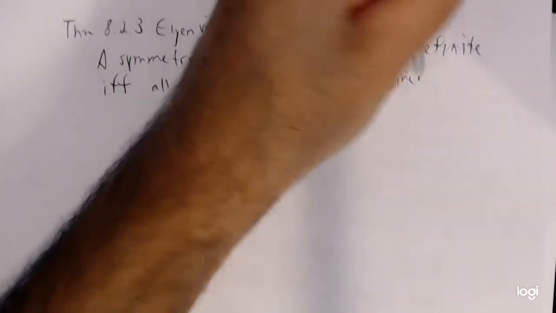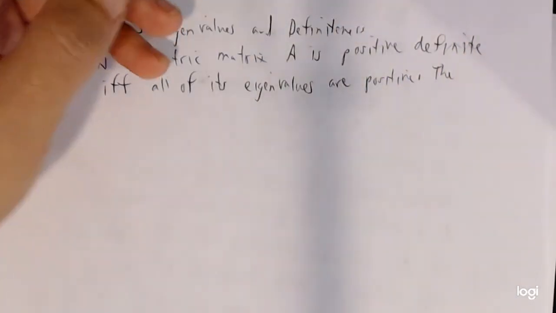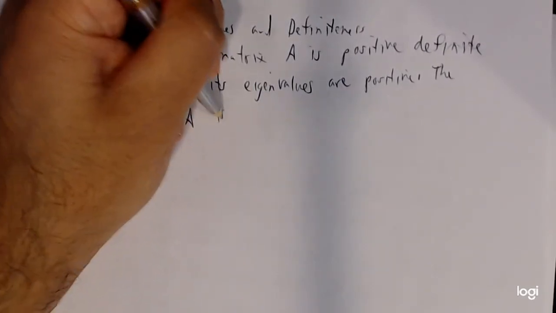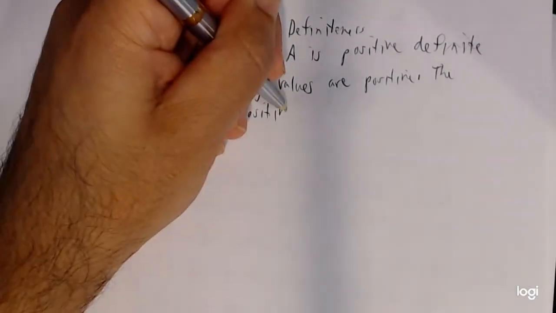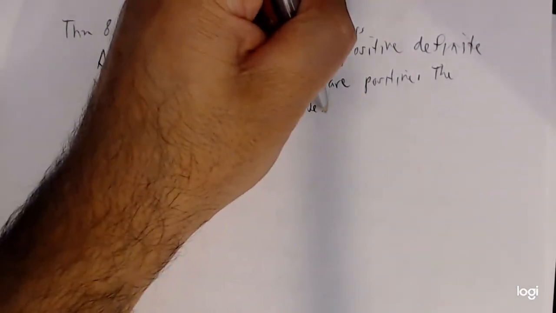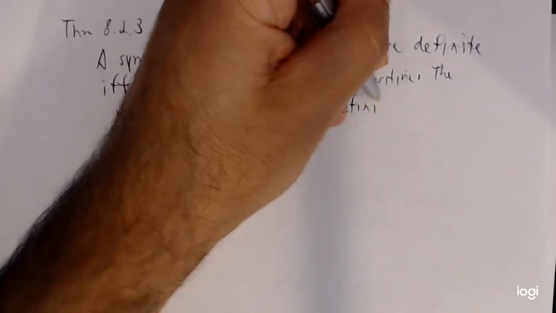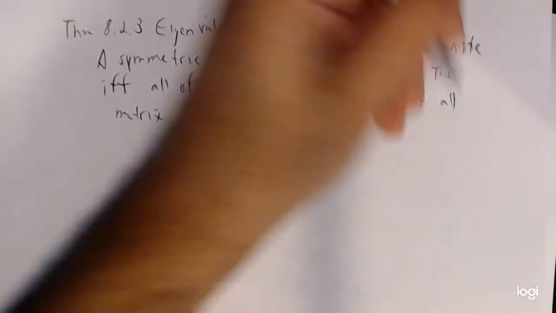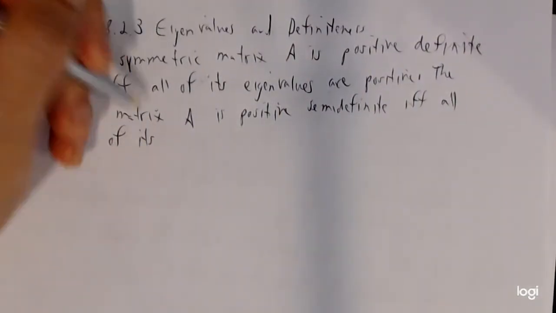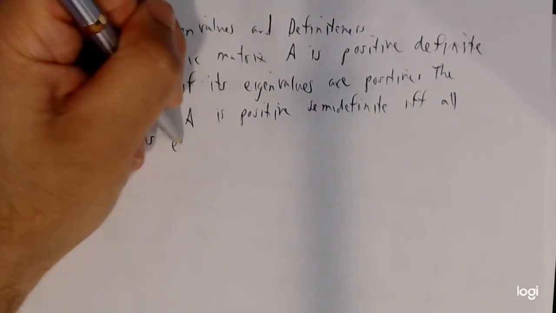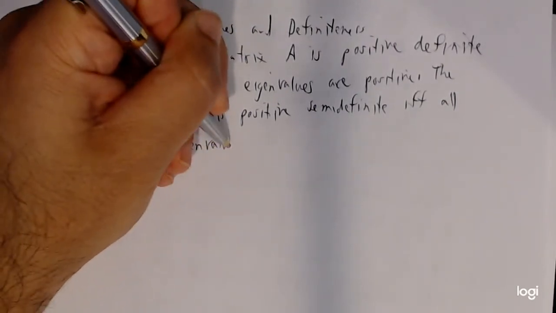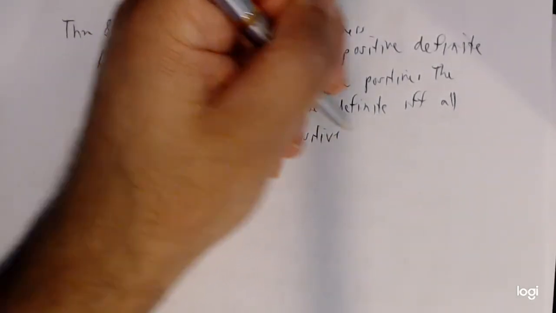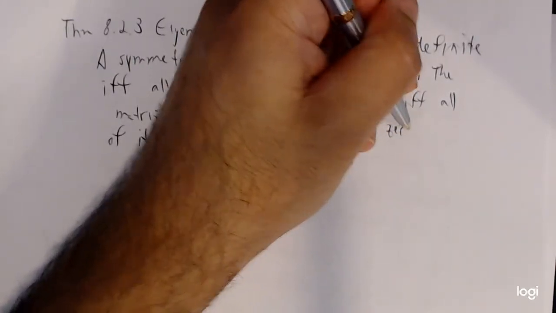Okay, and then we would say the matrix A is positive semi-definite if and only if all of its eigenvalues are positive or 0.